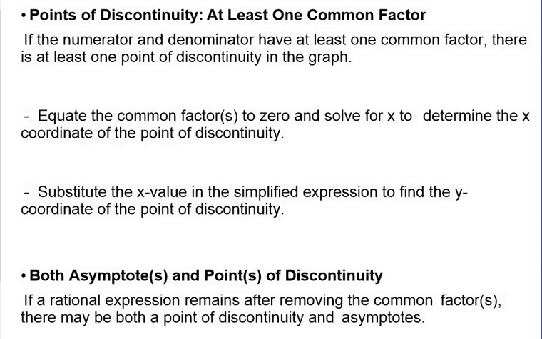So points of discontinuity, this is where we have at least one common factor. If the numerator and denominator have at least one common factor, there is at least one point of discontinuity in the graph. To find these, we equate the common factors.